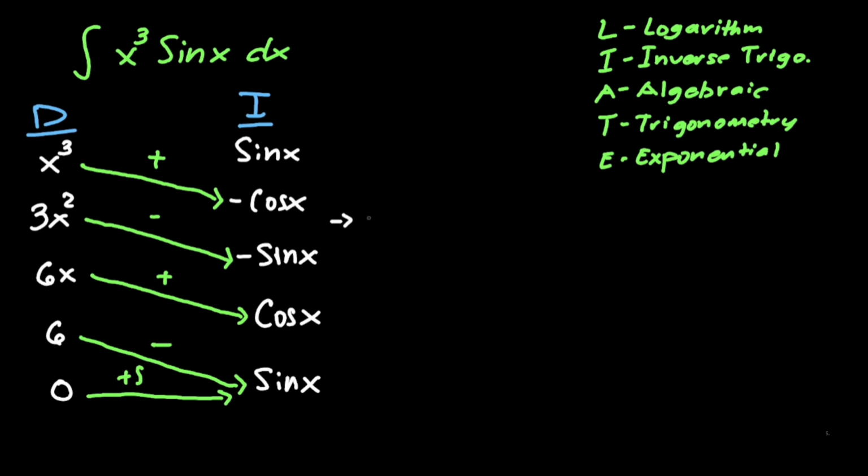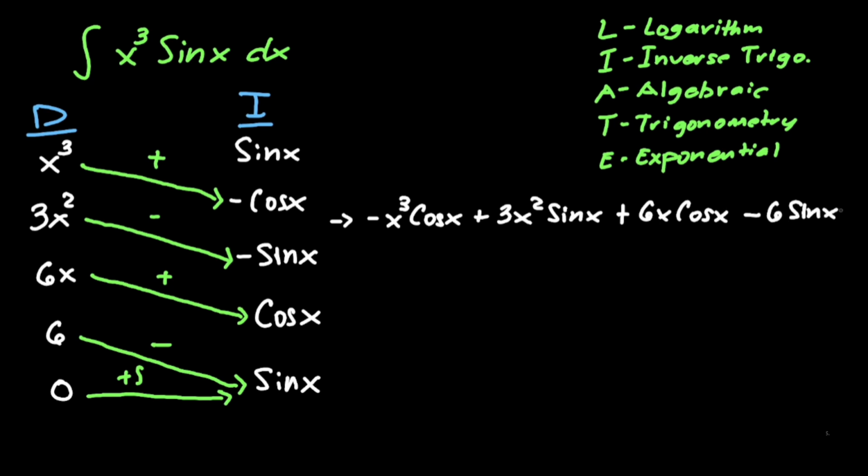So the answer will be negative x cubed cosine of x plus 3x squared sine of x plus 6x cosine of x minus 6 sine of x plus the integral of 0 multiplied by sine of x dx.